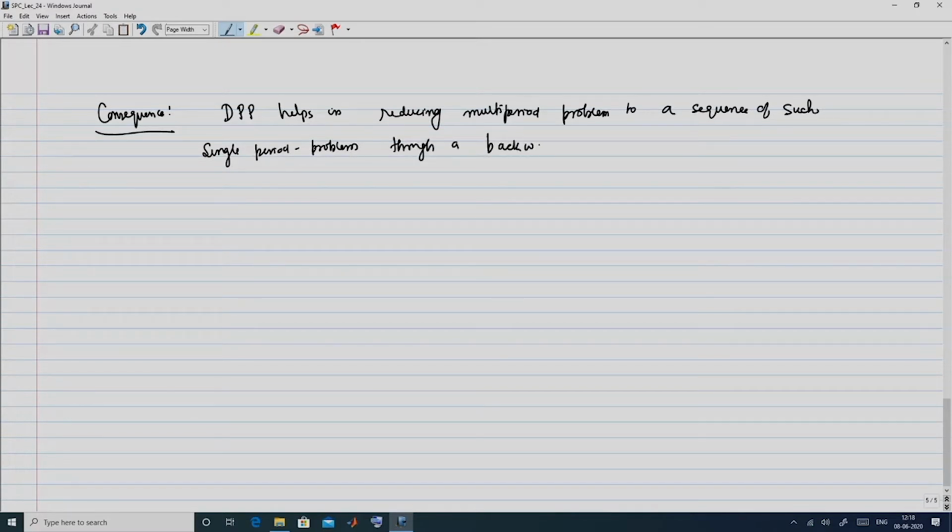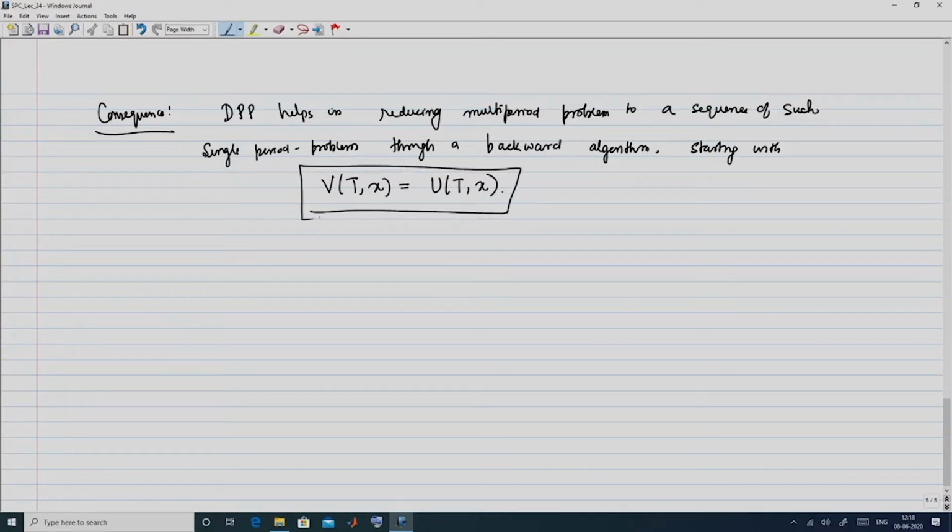Remember, we start off with time capital T and go backward in time, and in this backward algorithm we start off with the value function at capital T being equal to the utility function. I am writing the utility function as u of t, x just to leave it in a general form in case the utility function is time dependent, but so far we have only looked at utility functions that just depend on the wealth level.